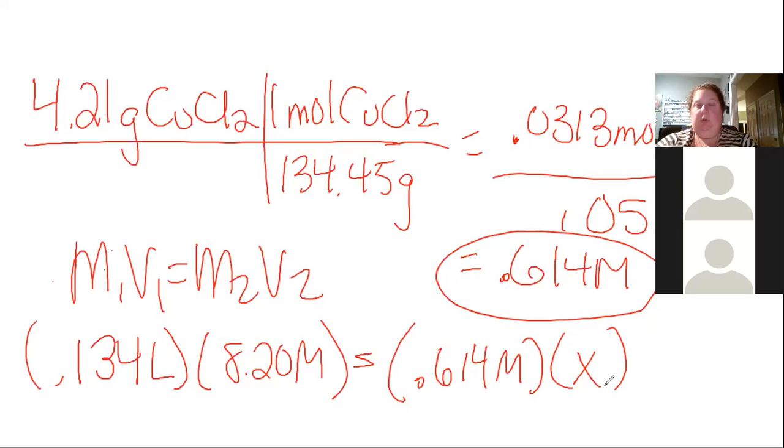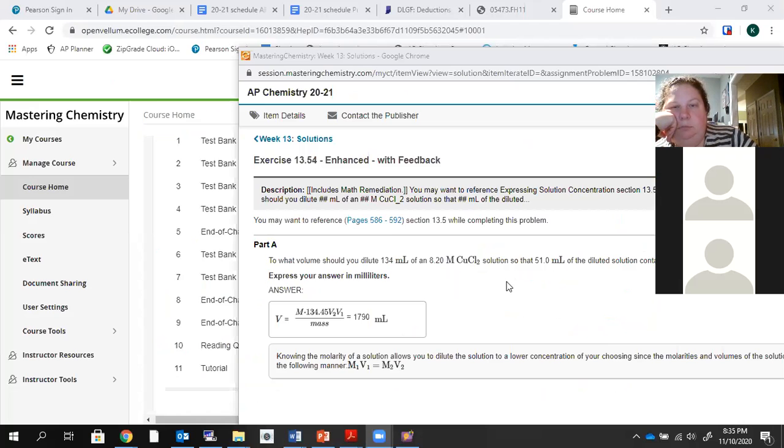So 8.2 divided by 0.614. So I need that solution to have a volume of 1.79 liters. So the 1.79 liters would be the same thing as 1,790 milliliters.